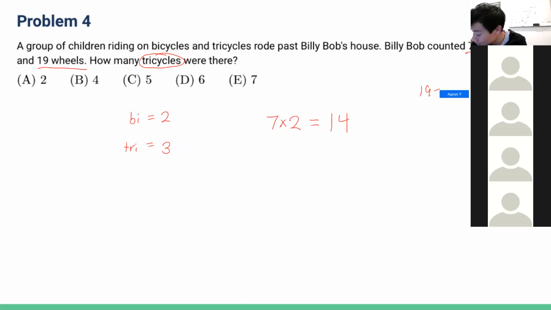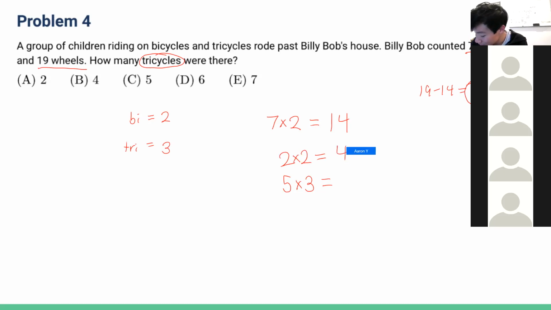We're missing, what, 19 minus 14 equals 5 wheels. Now, those 5 wheels are going to go to tricycles, right? So instead of having 7 kids on a bicycle, we need 5 more people on a tricycle. So I would say there's 5 people that are actually on a tricycle and the other 2 on a bicycle.